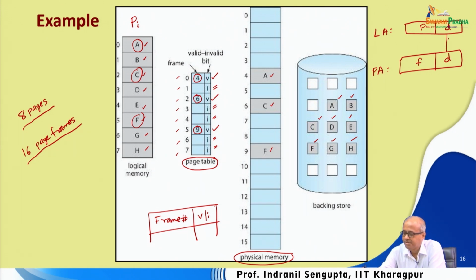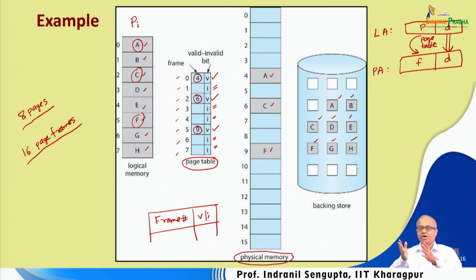The offset is simply copied, but P to F, this mapping is done using the page table. The field P is replaced by the corresponding value in the page table, that is F, the frame number, and that gives you the physical address, and with the physical address you can access the main memory, right. So, this is how generally this valid invalid bit works.